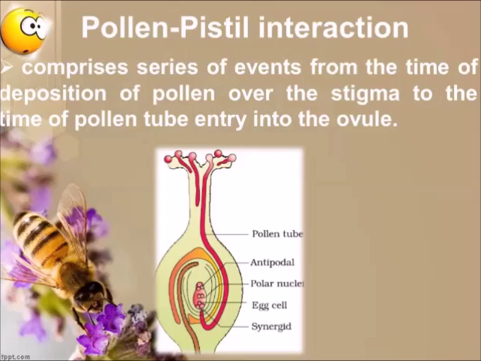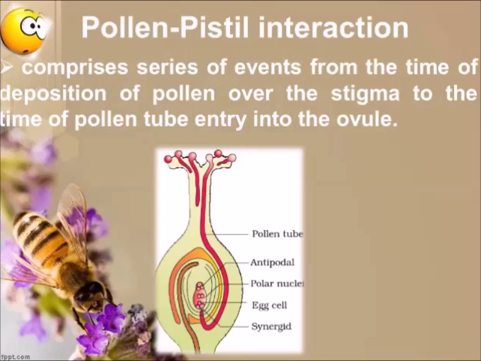Actually, what happens? Pollination does not guarantee the transfer of the right type of pollen. Often pollen of the wrong type, either from other species or from the same plant, if it is self-incompatible, also lands on the stigma. In that case, the pistil has the ability to recognize the pollen, whether it is compatible or incompatible.